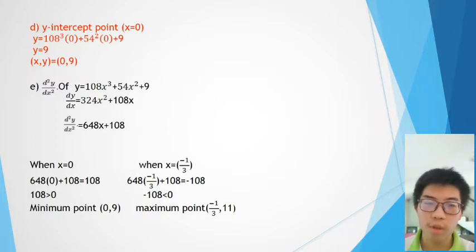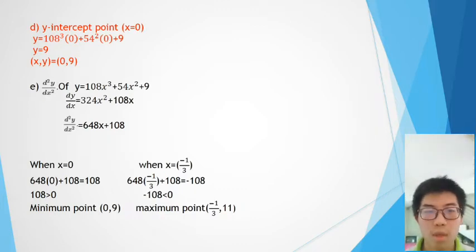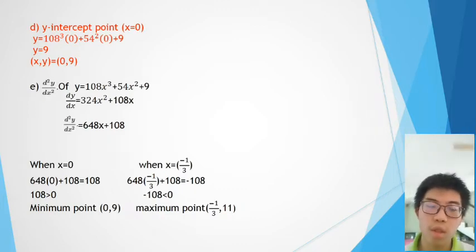We do the first degree differentiation first, so we get 324x^2 plus 108x. And then we do the second degree differentiation, and we will get 648x plus 108. After that, we need to justify the answer, whether it is a minimum point or a maximum point.